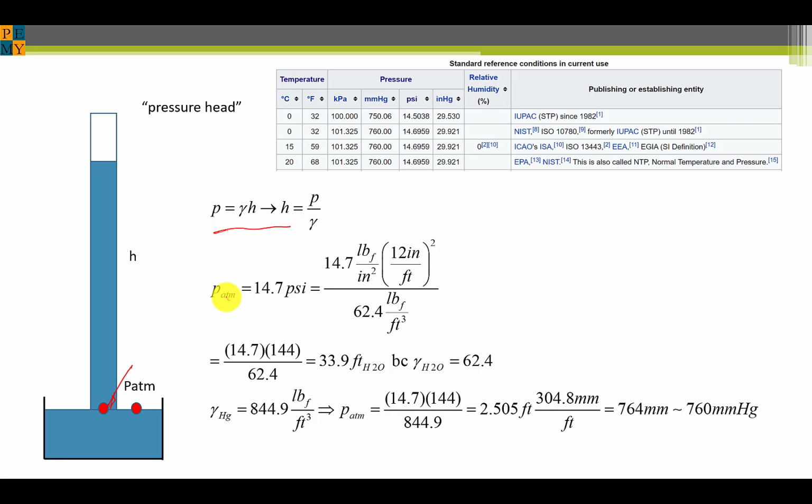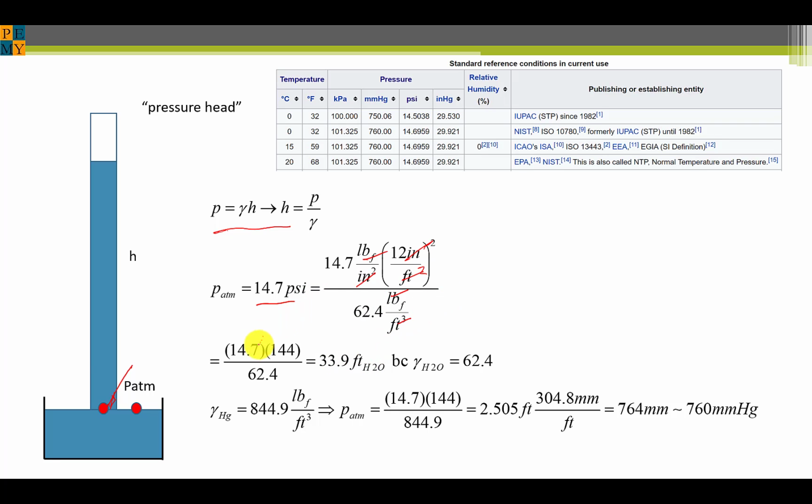If we take atmospheric pressure as 14.7 psi, we can multiply by the square of 12 inches per foot. You can see that the square inches and the inches here will cancel out, and we're going to be left with pounds force per square foot. The pounds force will cancel out, and we're left with units of feet in the top, of course.